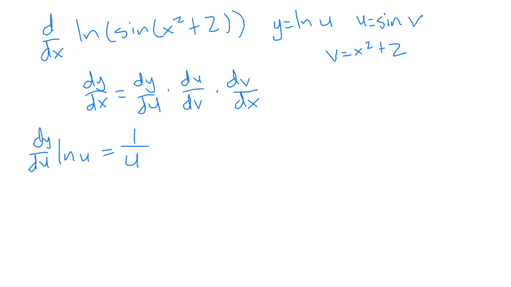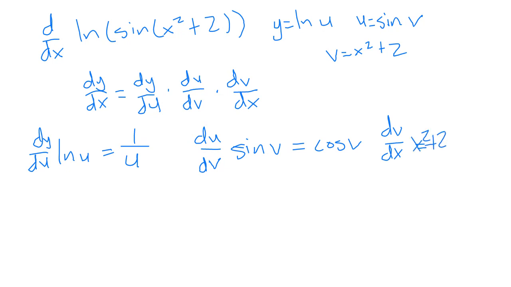Moving in a little further, du over dv of sine of v is just cosine of v. And in one more step, dv over dx of x squared plus 2 is equal to just 2x.